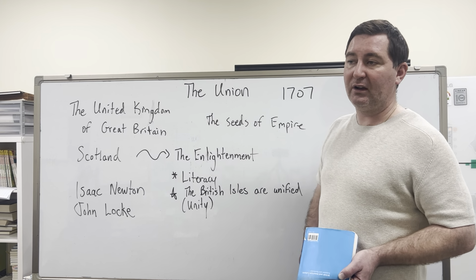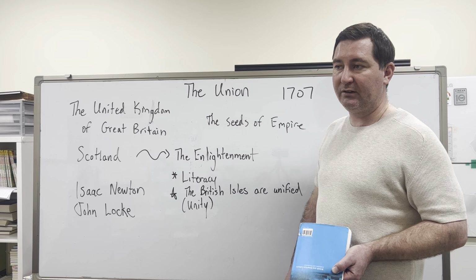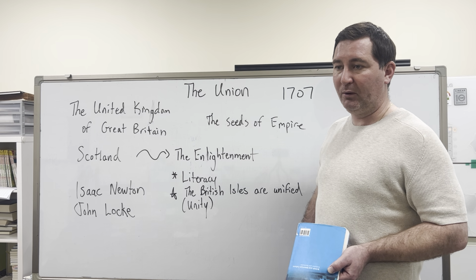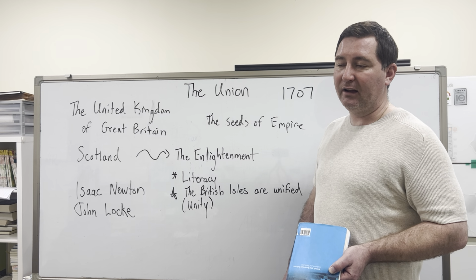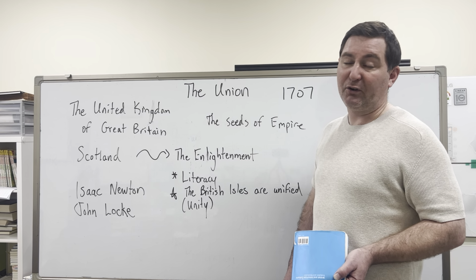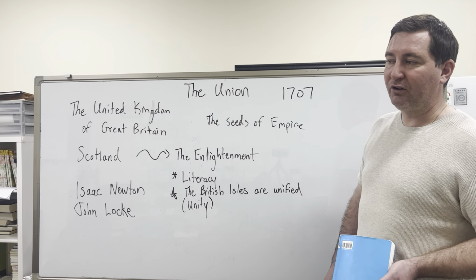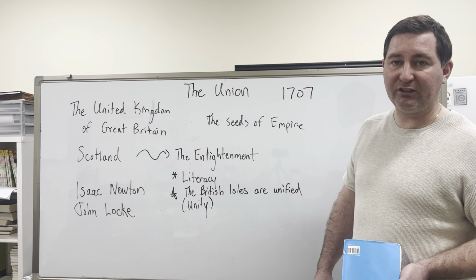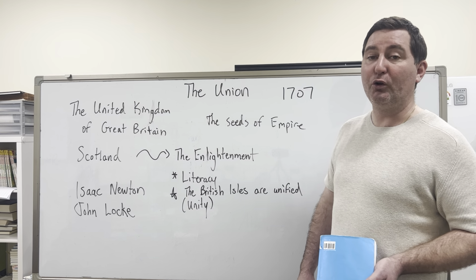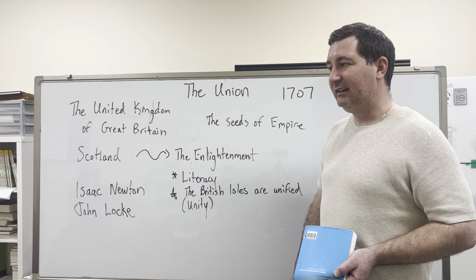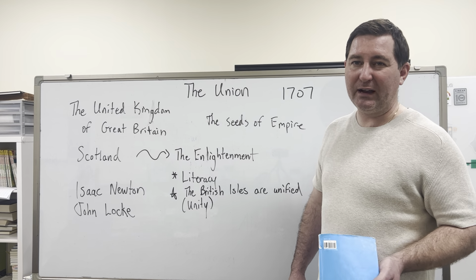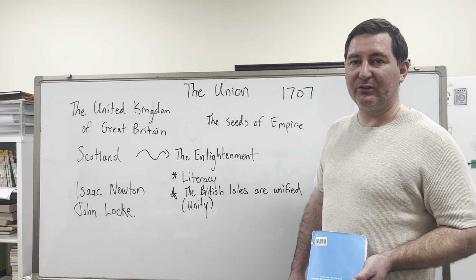The French were probably the most important group, but naturally they had a population 30 times bigger. But we're talking about Russia having a literacy rate of like 2%, and Scotland having a literacy rate of 60 or 70%.